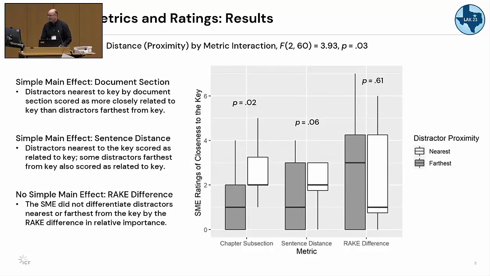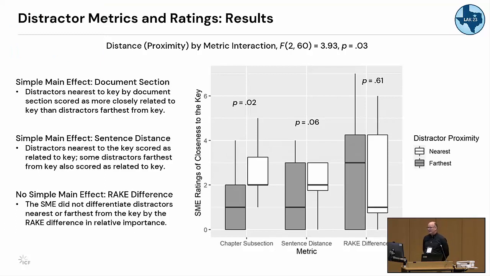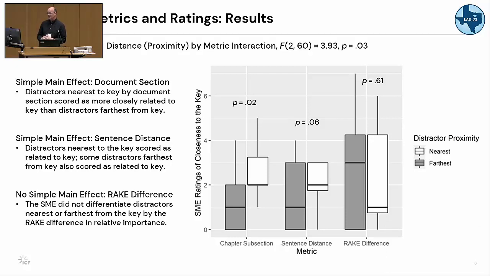Here are the findings. The main finding was that there was a significant distance by metric interaction. For those distractors identified by document section, based upon the chapter subsections, the distractors identified as nearest to the key were scored as more closely related to the key than the distractors that were farthest from the key.